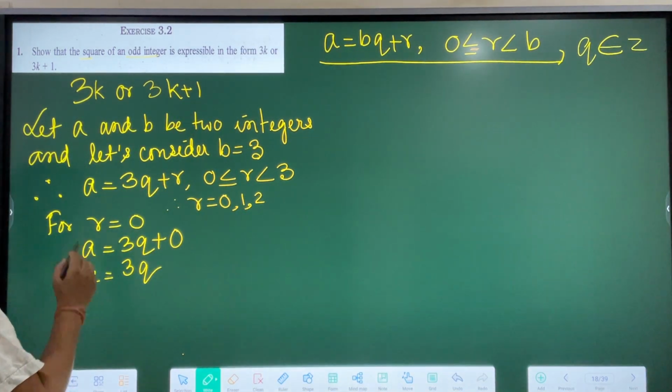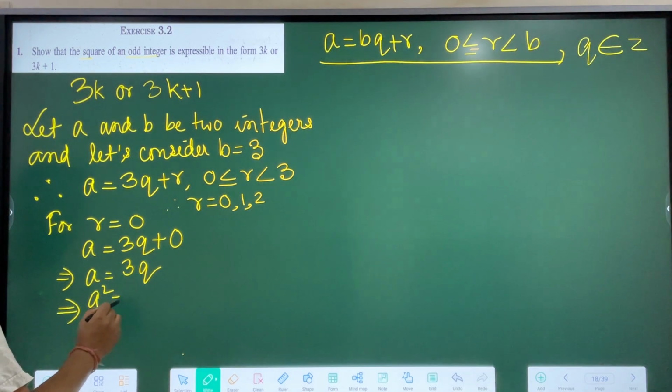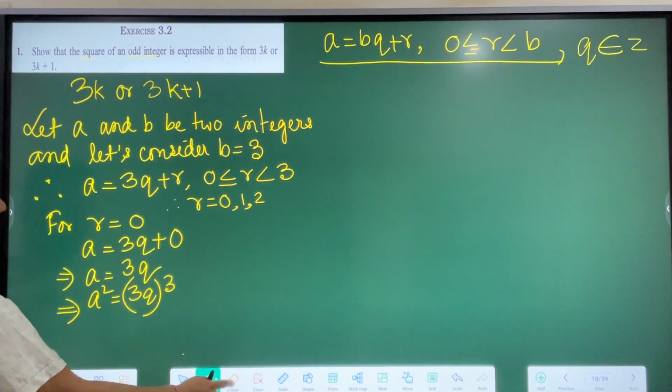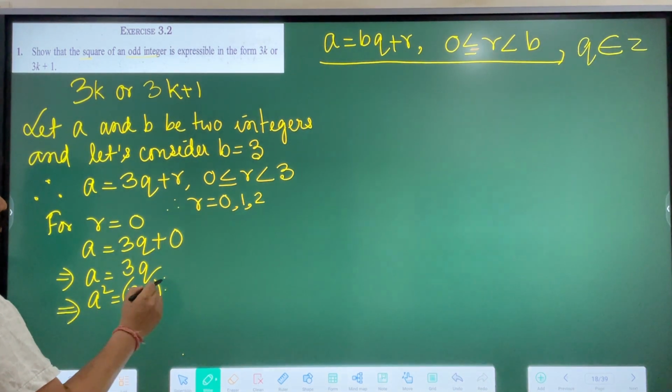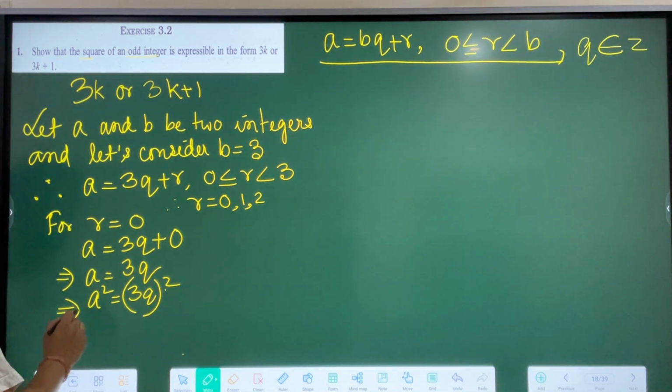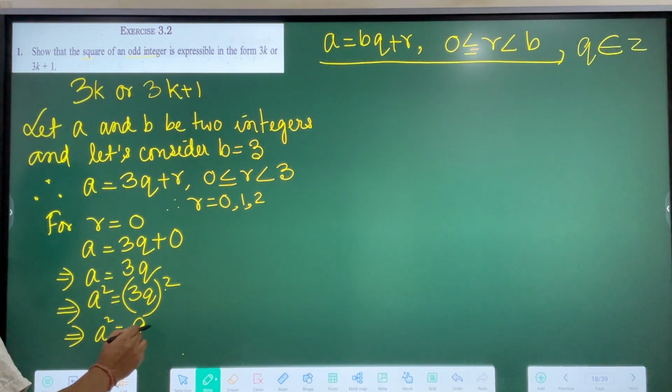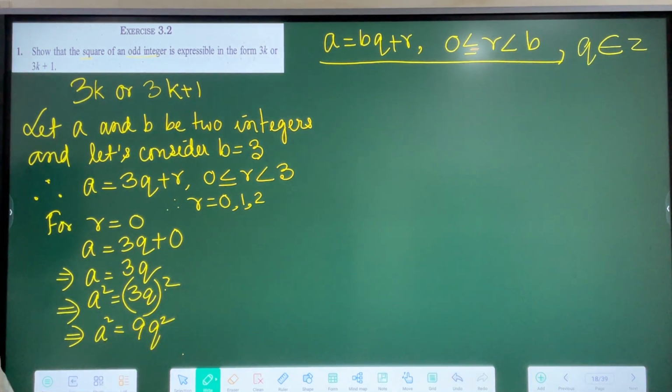Now what we will do? We will do the squaring method. Very simple. Why are we doing squaring? Because in the question it says square of an odd integer, so that is why squaring is done. So a square is equal to 9q square.